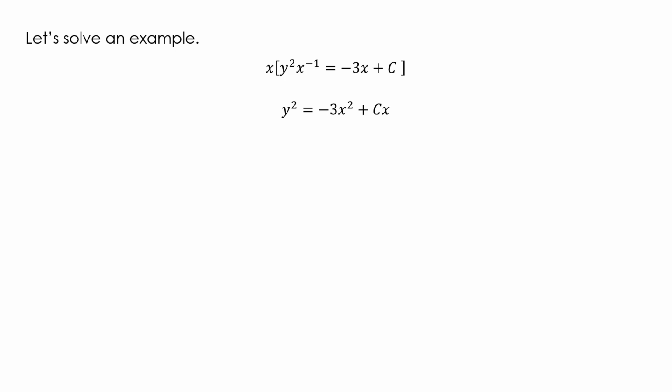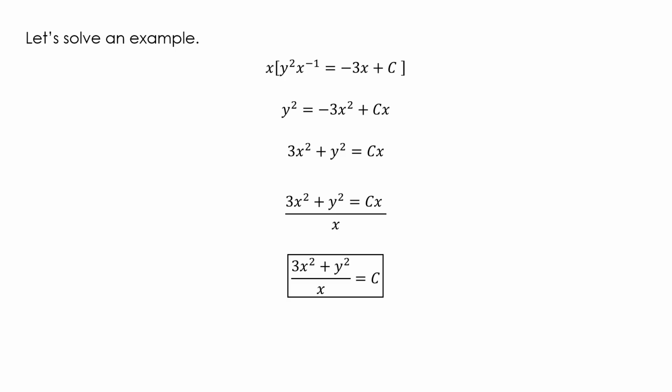Some answers isolate the y, the dependent variable, while some answers isolate the c. So in this case, let's isolate the c. Let's move negative 3x squared to the left side. So we will have 3x squared plus y squared equals cx. Then we divide both sides by x, leaving us with 3x squared plus y squared all over x is equal to c. That is our final answer.